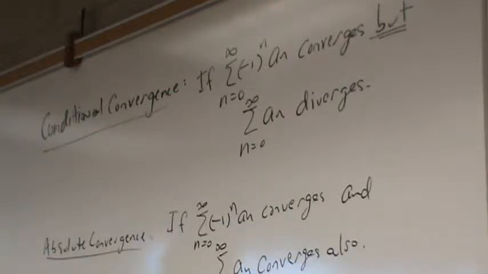Okay, let me ask you this before I start giving you some examples. Could there ever be a situation where the alternating series diverges, but the positive cousin converges? Could that ever happen? Well, if the alternating series diverges, then think of the second criterion.